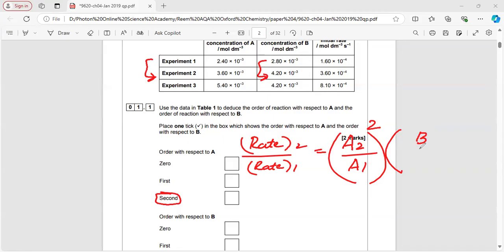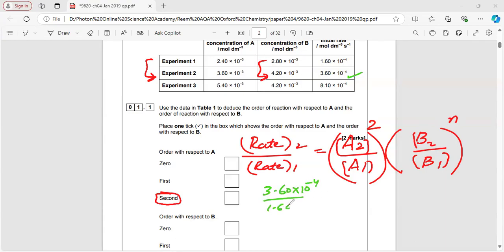Similarly, the initial concentration of B of experiment number two over experiment number one; its order I do not know, so I put small n. The rate is 3.60 into 10 raised to power minus 4 over 1.60 into 10 raised to power minus 4.